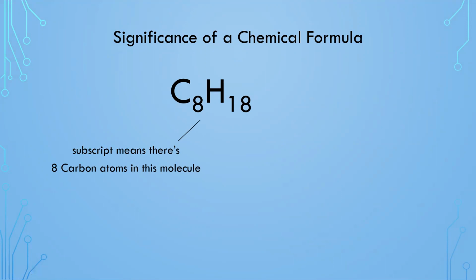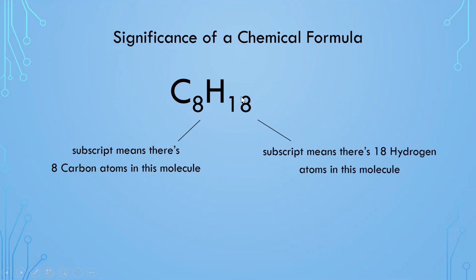And the 8 means that there are 8 carbon atoms in this molecule. So the subscript goes with whatever element it comes after. And on this side, we have an 18 after the H, so there's 18 hydrogen atoms in this molecule. So you need to start understanding the significance of both the chemical symbols as well as the subscripts.